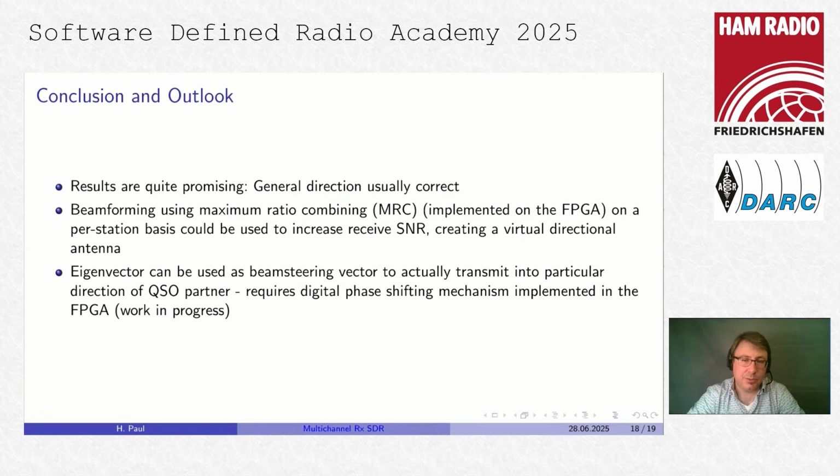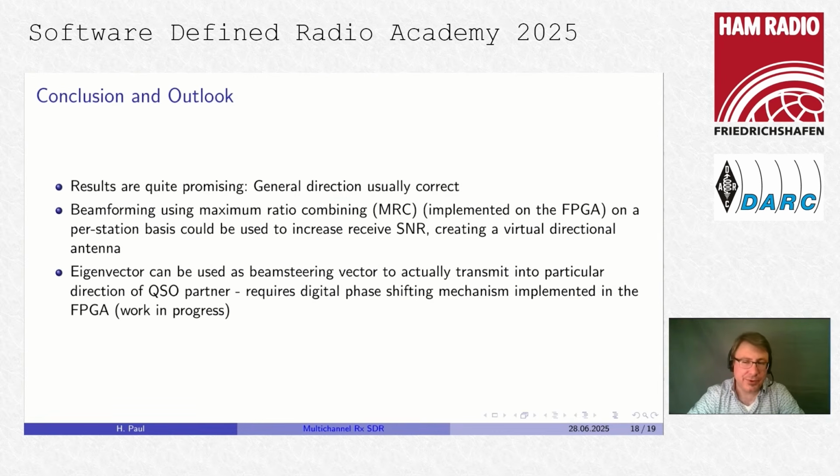If you want to actually do this on a large scale, then it would be a good idea to implement this maximum ratio combining directly in an FPGA, not have it running on a PC. This is something that you should aim for when you really would like to use the maximum ratio combining on a regular basis.